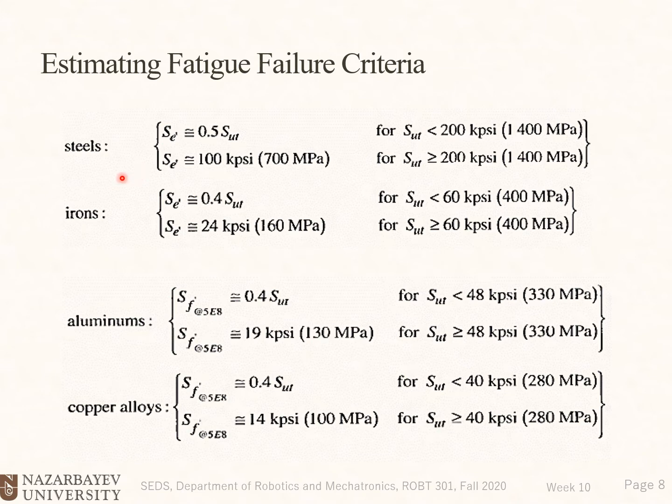approximate fatigue strengths. So for the steel, in most cases, we are interested in endurance limit, and we could say that the uncorrected estimated endurance limit is equal to half of ultimate tensile strength.